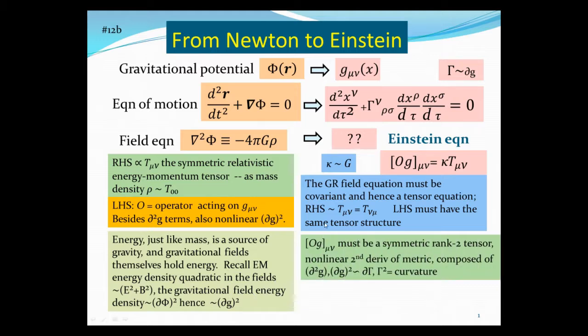In other words, we expect the left-hand side to be a symmetric rank 2 tensor, nonlinear in the metric, composed not only of the second derivative but also the first derivative squared. Because the Christoffel symbol is a first derivative, the second derivative can be gotten from the first derivative of the Christoffel symbol, and the first derivative squared can be gotten from the square of the Christoffel symbol.